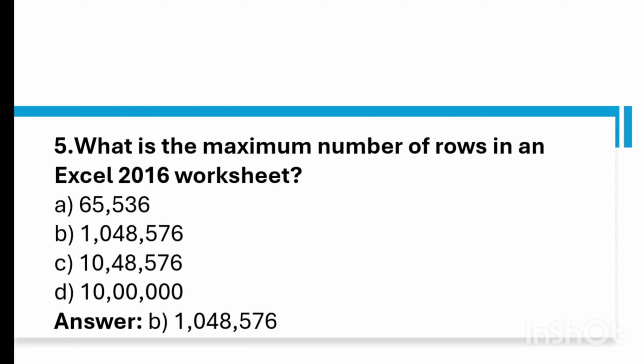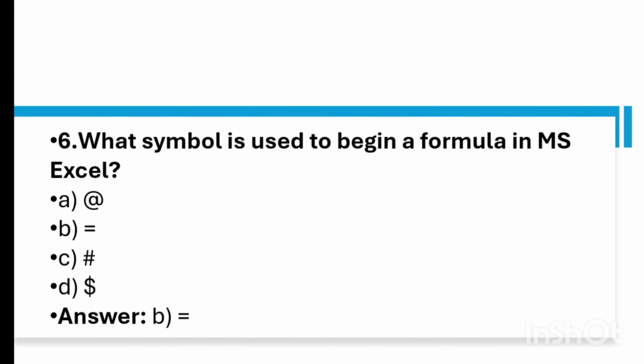Question number 5. What is the maximum number of rows in an Excel 2016 worksheet? Options are A. 65536, B. 1,048,576, C. 1,48,576, or D. 1 lakh. So the correct answer is option B. 1,048,576.